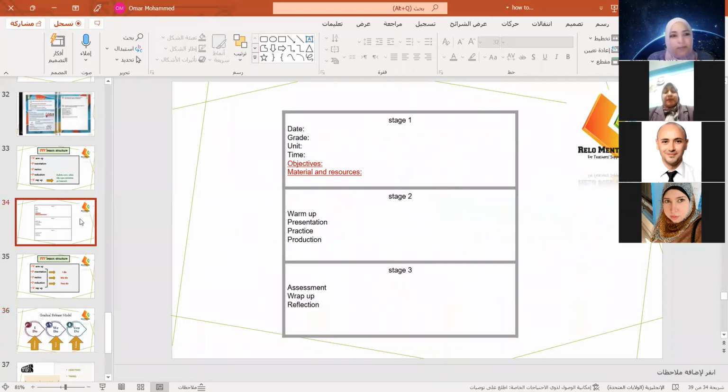Do you still have your paper? So we have come to the second stage, which includes four steps: warm-up, presentation, practice, production. This is the second stage in the lesson plan. And the last stage, of course, will be the assessment and the wrap-up.